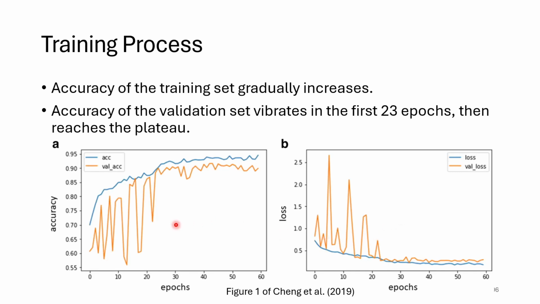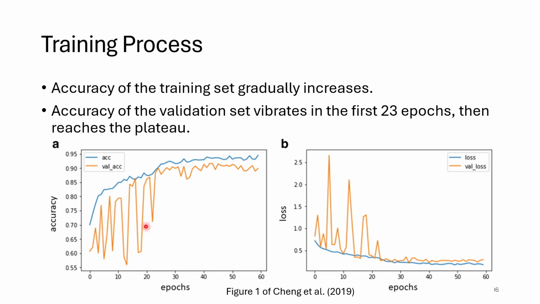Okay, so let's take a look at the training progress. In the first 23 epochs, there is a lot of vibration. After the first 23 epochs, the network gradually converged and reached the plateau.